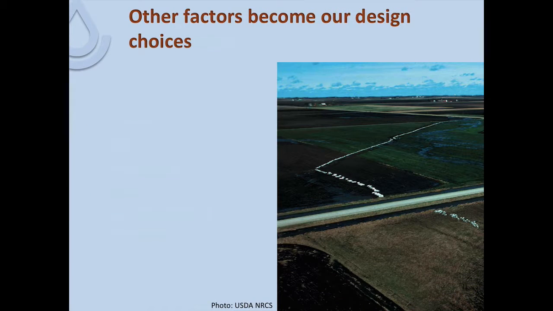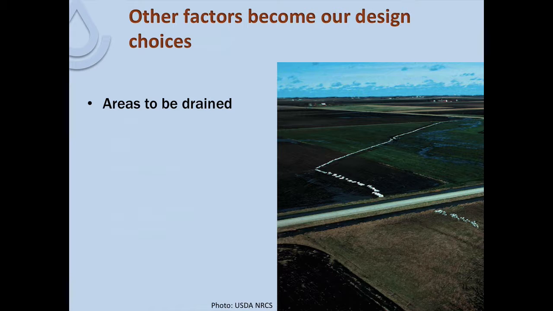The other factors then are the ones that we do have control over, and so these become our design choices. As we look at those, we can look at what areas we want to drain or what areas need to be drained. For some fields, the entire field needs drainage, and so we're going to look at a pattern tiled or a regular tiled field.